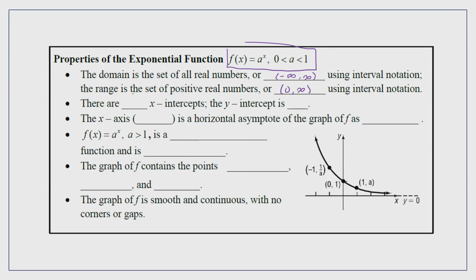There are no x-intercepts, and the y-intercept is 1. The x-axis, or y equals 0, is a horizontal asymptote of the graph of f as x is approaching infinity. Your exponential function is a decreasing function and is 1 to 1.